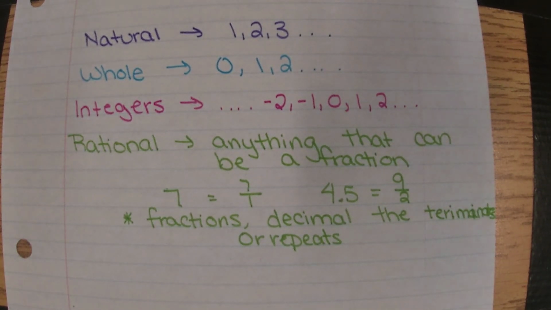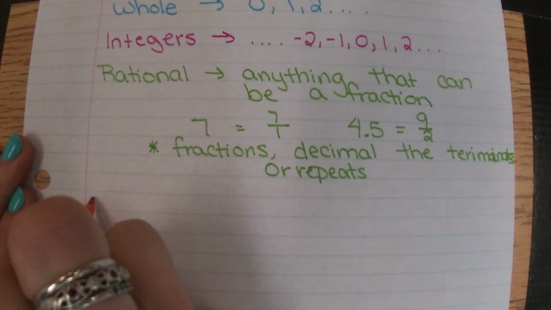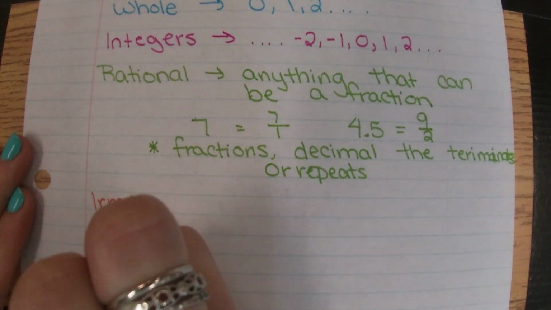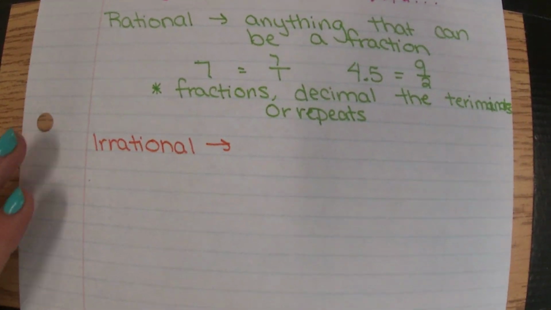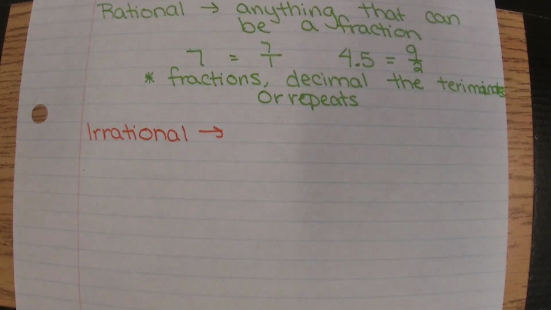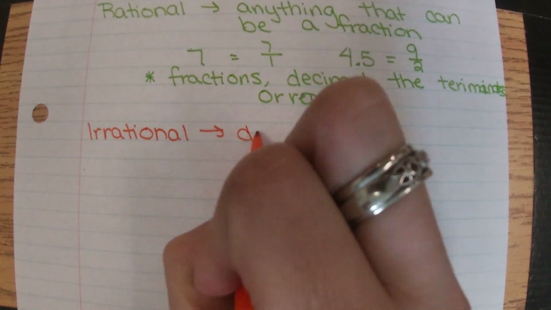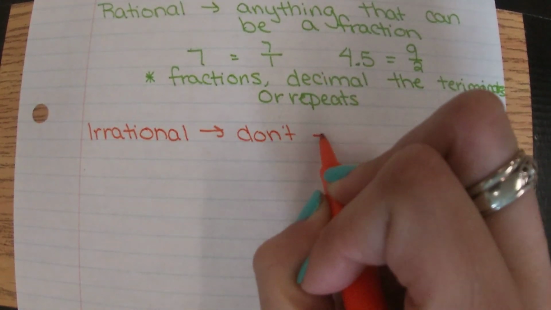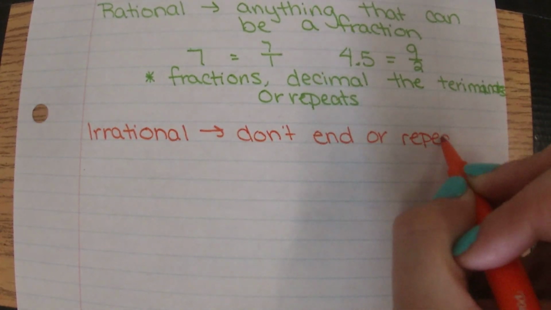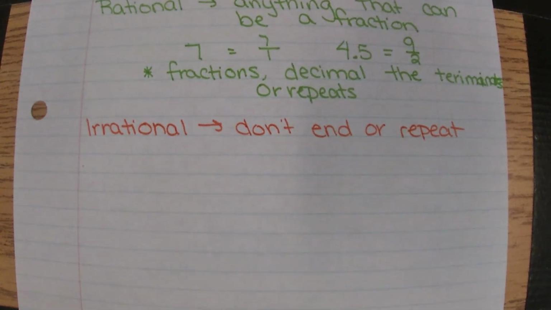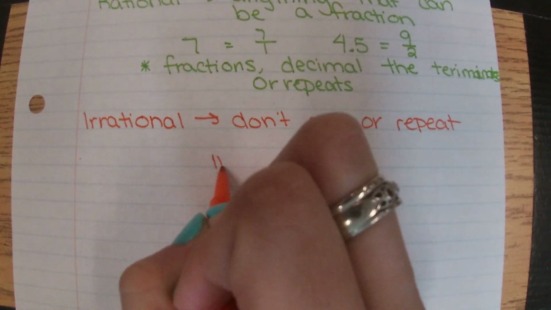Okay, next on our list is going to be our irrational numbers. Irrational numbers are kind of our oddball numbers. Okay, these are numbers that don't end or repeat. They go on forever. They are just weird. Okay, so numbers like pi, right?